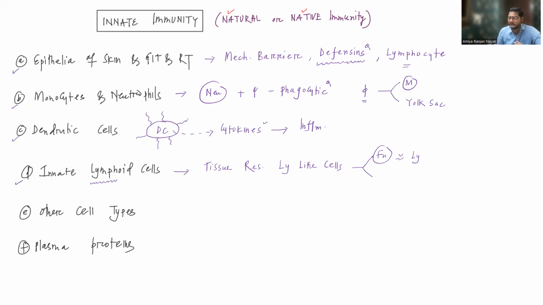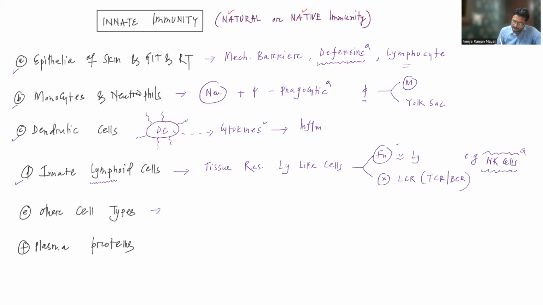However, they are not lymphocytes because they do not have lymphocyte receptors, that means T cell receptors or B cell receptors. That is why they are known as lymphocyte-like cells or lymphoid cells. One important example you can remember is NK cells, or natural killer cells, which are sometimes described under innate lymphoid cells. More on this we will discuss in subsequent slides.